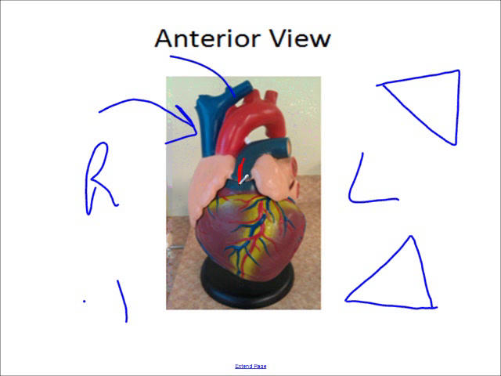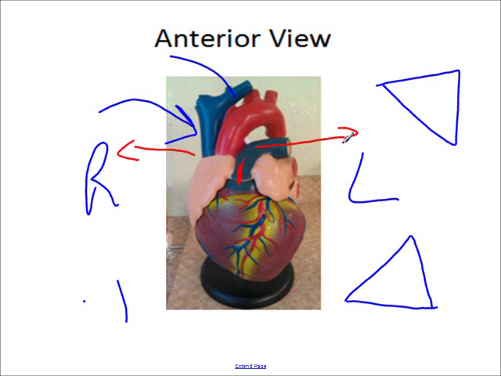The pulmonary trunk ascends a few centimeters, and then bifurcates to form the right and left pulmonary arteries. These arteries carry deoxygenated blood away from the right ventricle of the heart to the lungs for the gas exchange process.